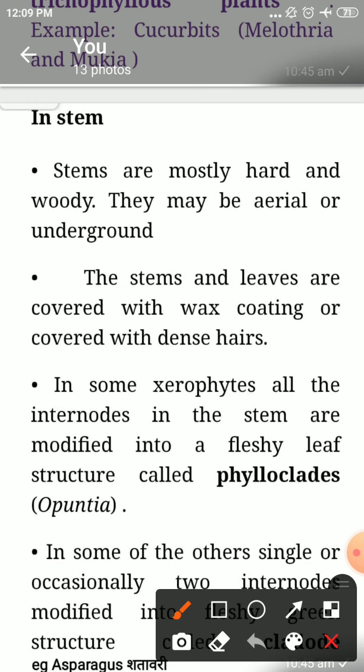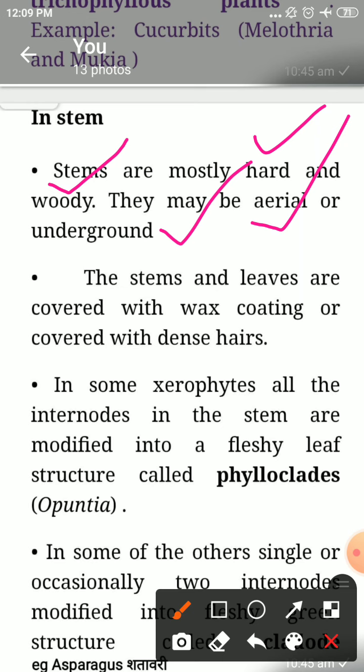The stem is very hard, very woody, tough, stout, rough, and coarse to the touch. It may be very thorny, spiny, it may be aerial, growing in the air, or it may be underground.